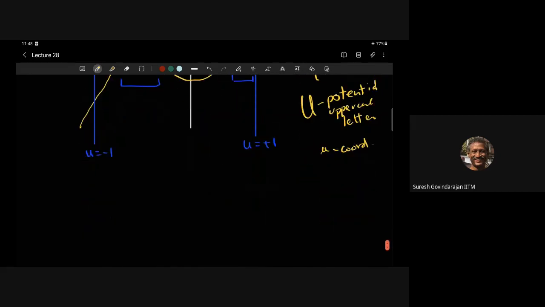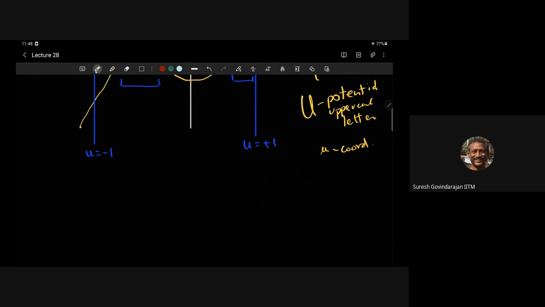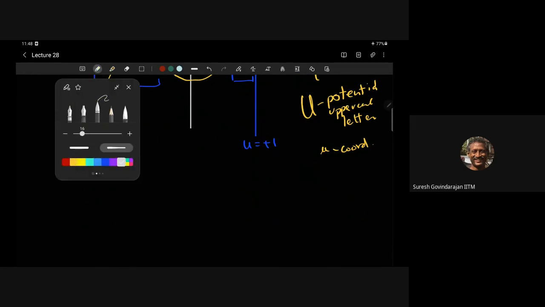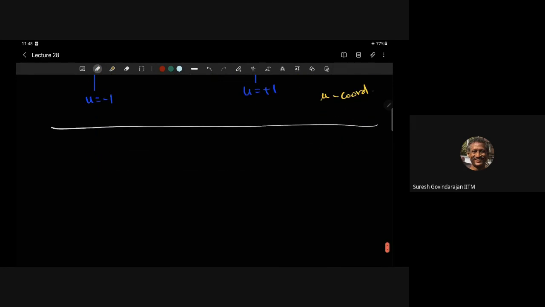So what we have, let's go back to white color. Why is this happening? So we will have bounded motion in U and hence theta.